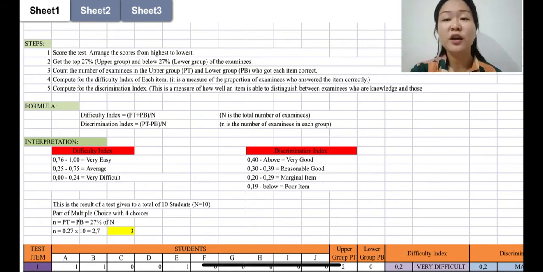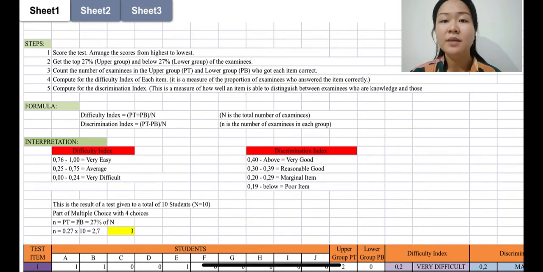This is the result of a test given to a total of 10 students, so here N is 10, the total of students. For the part of multiple choice with 4 choices, n, the upper group and the lower group, equals 27% of the total students.